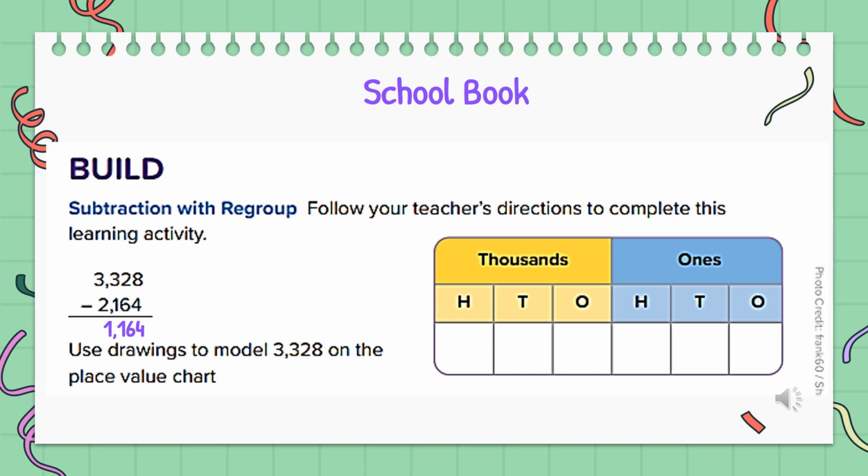And now we have 2 minus 1 equals 1. Then in thousand place, 3 minus 2 equals 1. So let's put the answer in the chart. So 4 in ones, 6 in tens, 1 in hundred, and the other one in thousand place.